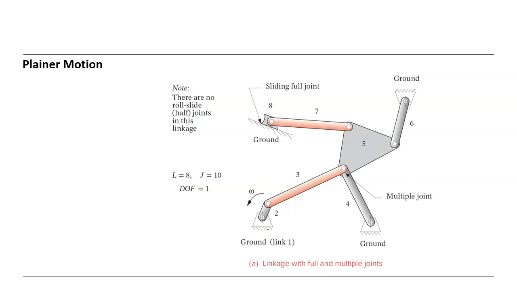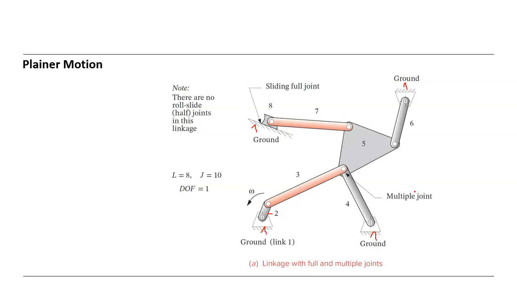So this is member one, and the grounded part is always one. Then this is 2.